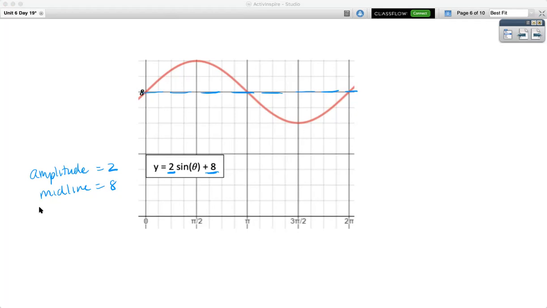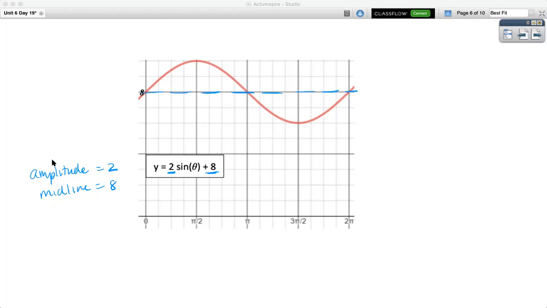It's the maximum distance from your midline as well as your minimum distance, so it's measuring the length from the midline to the max and the length from the midline to the min.